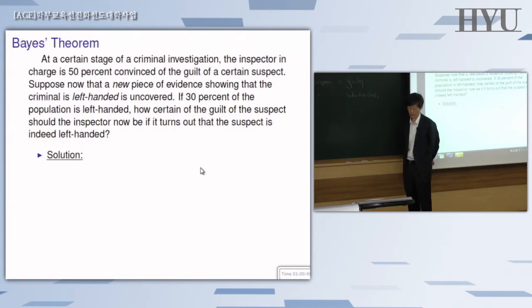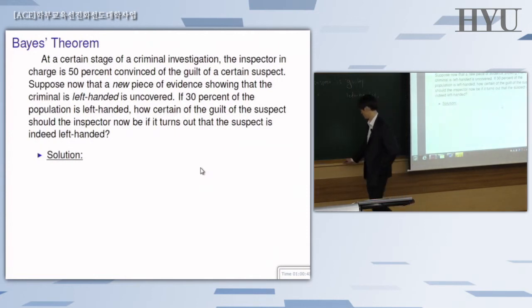Now how would you compute this probability using these two symbols, G and LH? What do you want to get here?